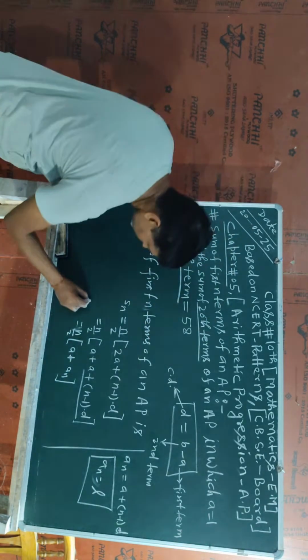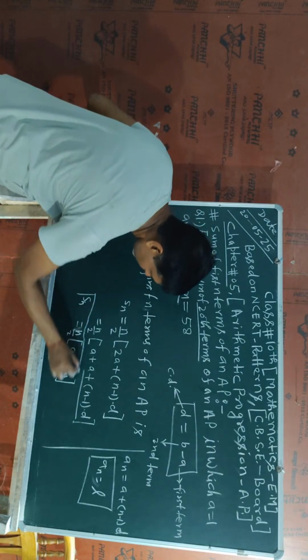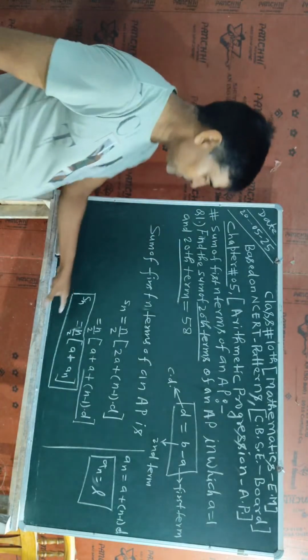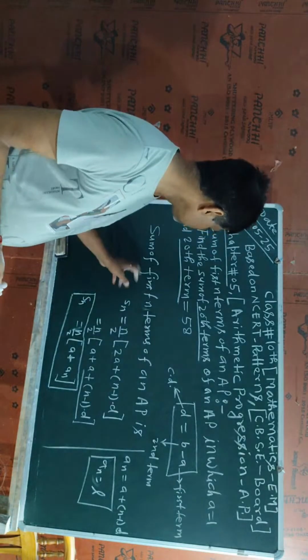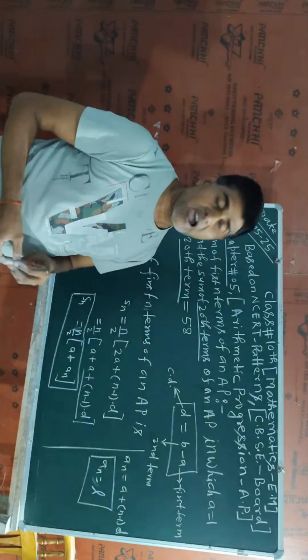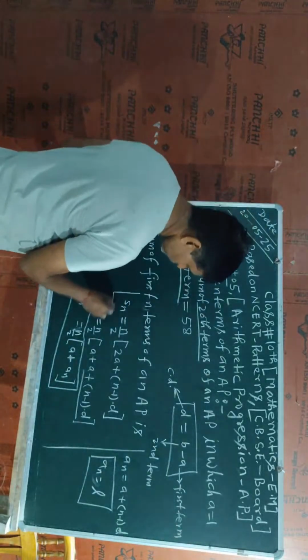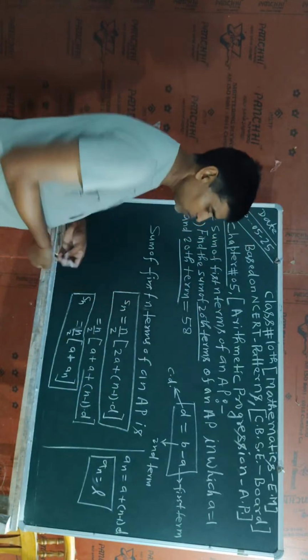This is the formula, and each and every student has to remember it. If the first term and last term are given, we will use this formula for getting the sum of first n terms of an arithmetic progression. Students have to remember these two formulas, which are important for arithmetic progression.